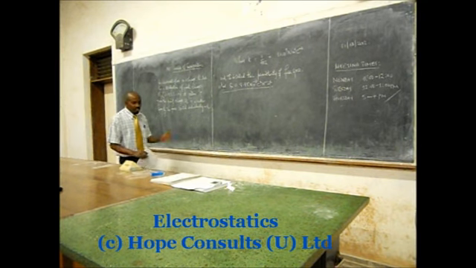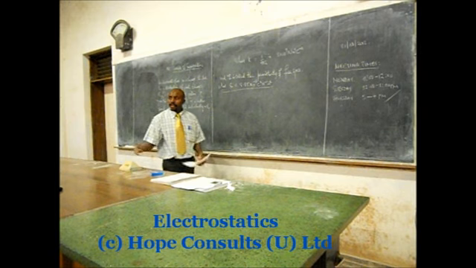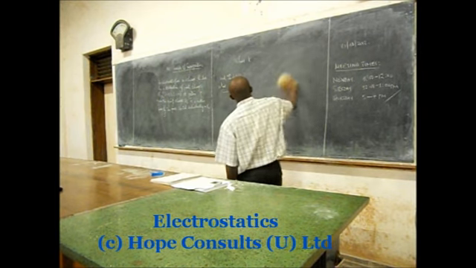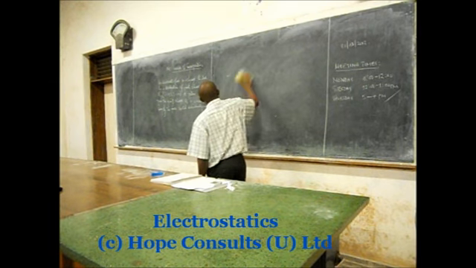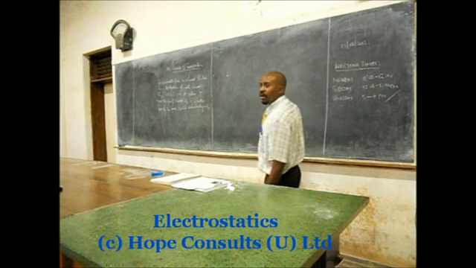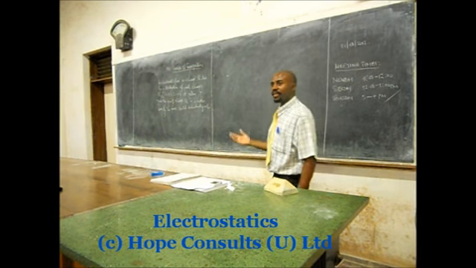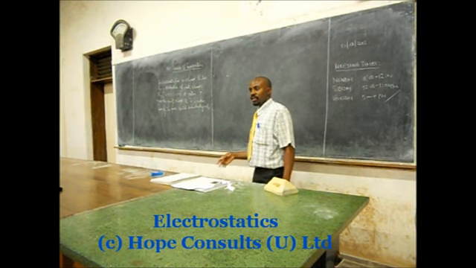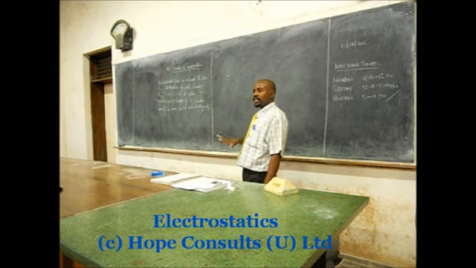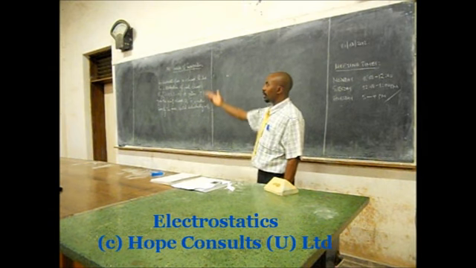Now, either this charge distribution can be discrete, that is, we can count out the associated charges, or it can be continuous, whereby it can be in any form: linear, like a wire, along a surface, or along a volume.